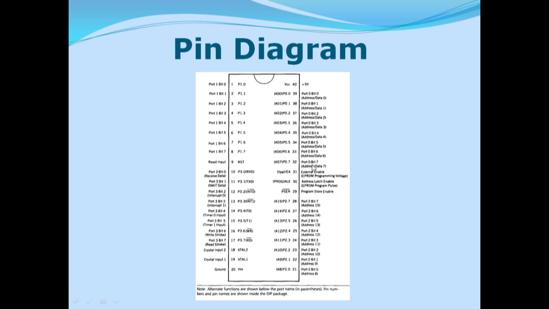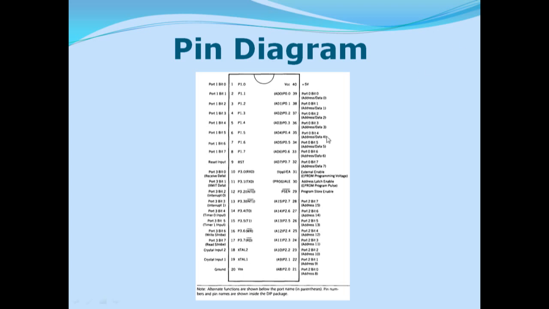Now seeing the right side, you can see port 0 and port 2. Port 0 is a multiplexed port and it does not have any internal pull-up resistors. So port 0 can be used as a data port as well as an address port. As I said, this is a multiplexed port, so both address and data can be sent over this port.